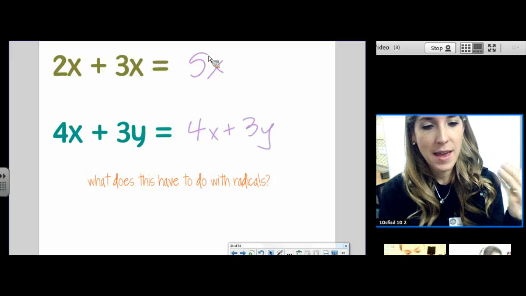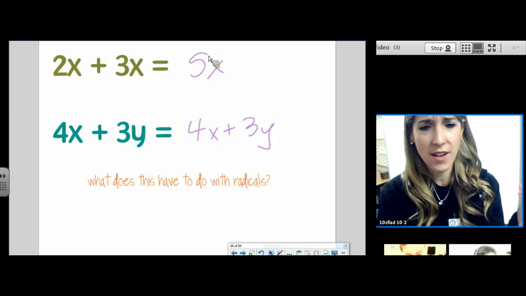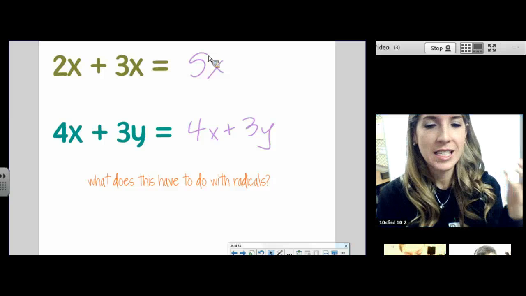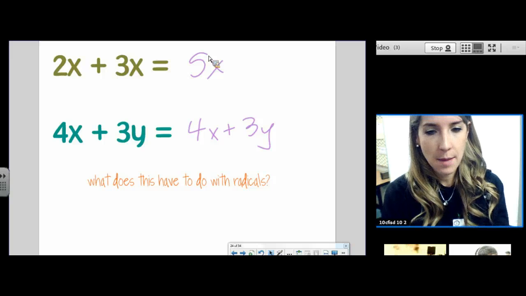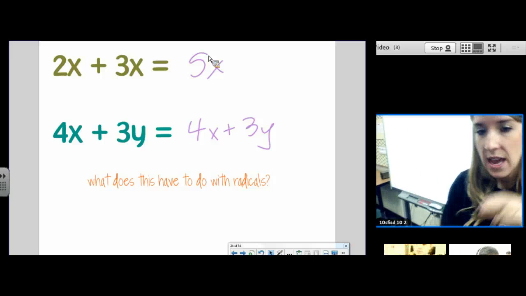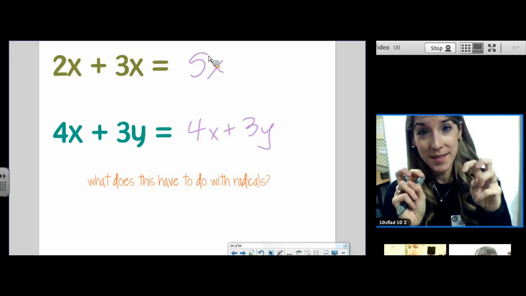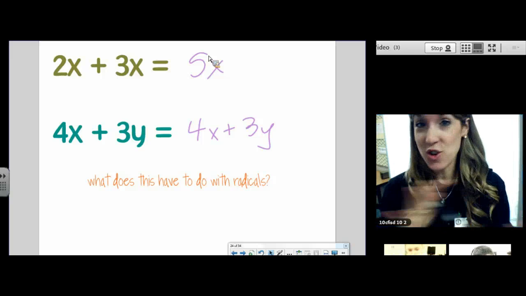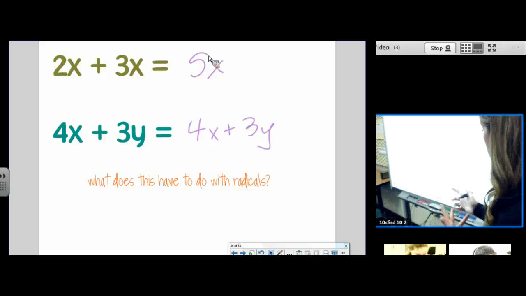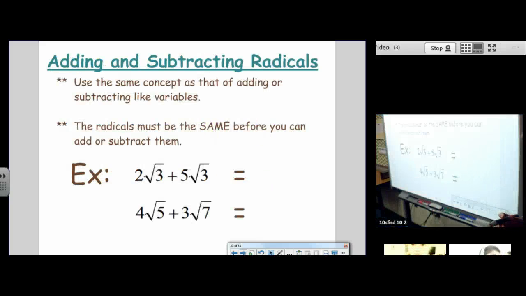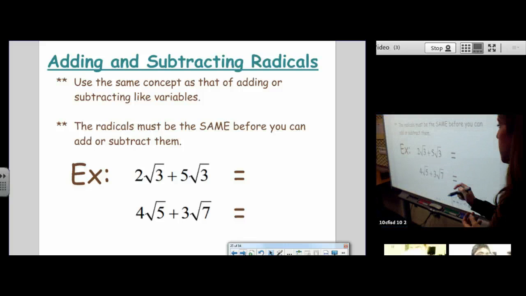It's not 7xy, because this is addition, not multiplication, okay? So it's going to work the same exact way with radicals. If the radicals are like terms, you can add them. If they're not like terms, you keep them separate, like oil and water. They can't combine, okay?